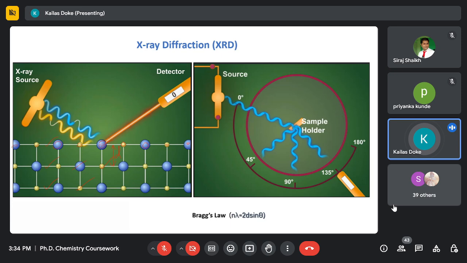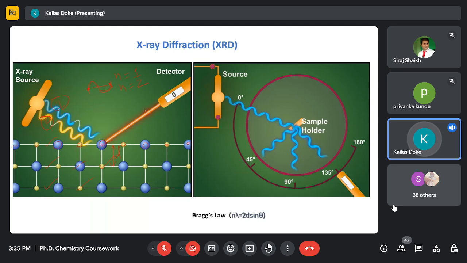If the path difference is one wavelength, then we say the order of diffraction is 1. If the path difference between two parallel beams of X-rays is two wavelengths, then the order of diffraction is 2, and so on. That is the significance of path difference and Bragg's law. Then and only then do we get constructive interference.